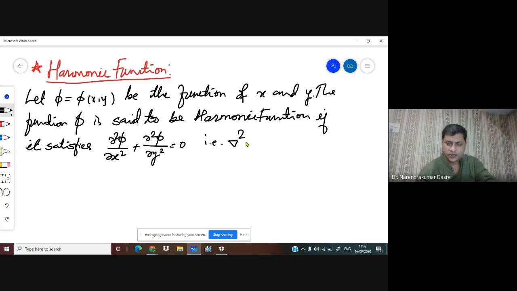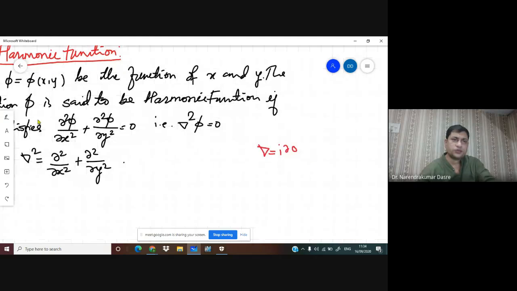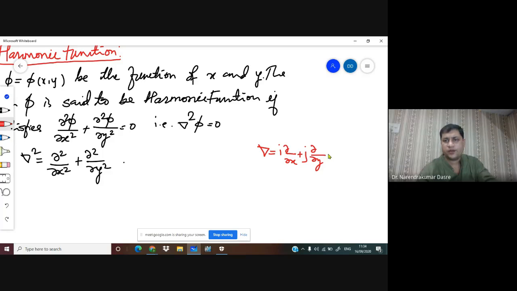That is, we can write this as del square phi is equal to 0, where del square is equal to double square by double x square plus double square by double y square. Okay. So actually, del in 3 dimension is i double by double x plus j double by double y plus k double by double z.